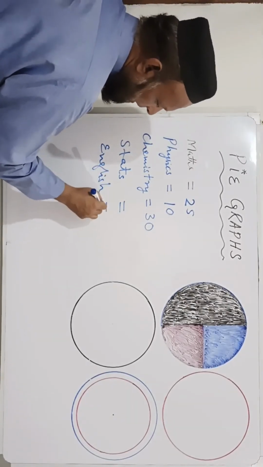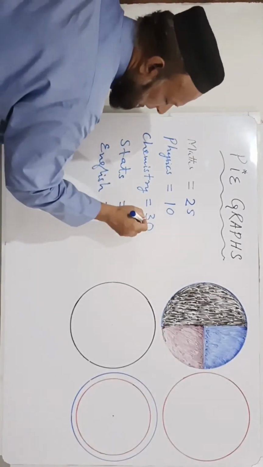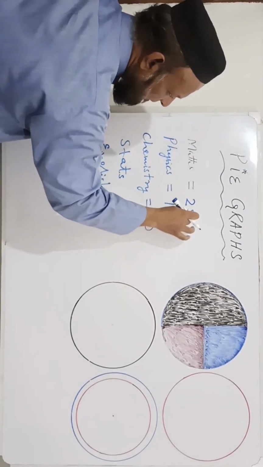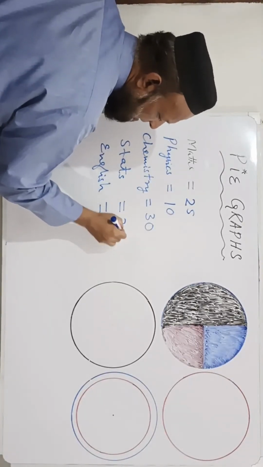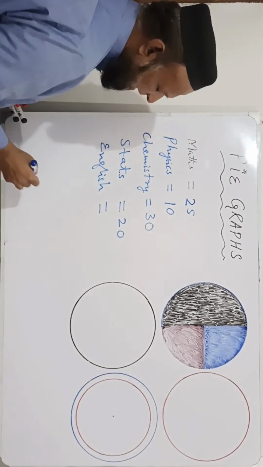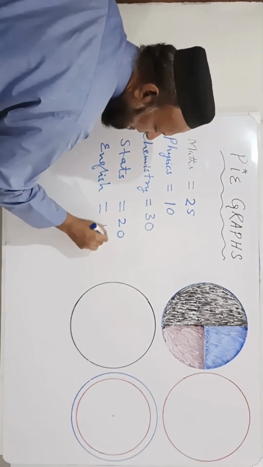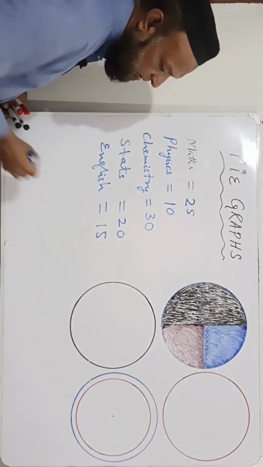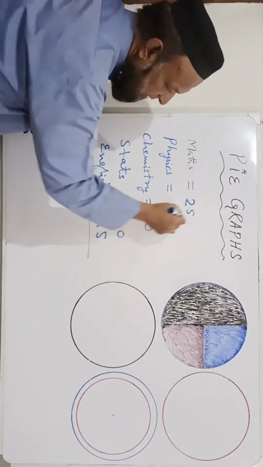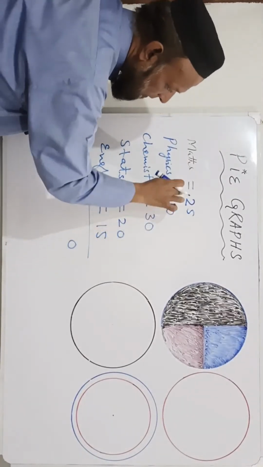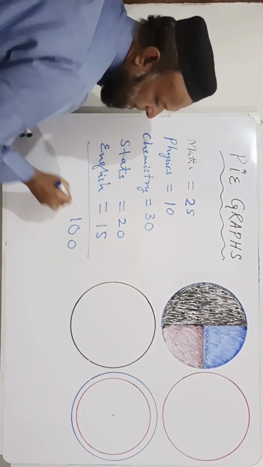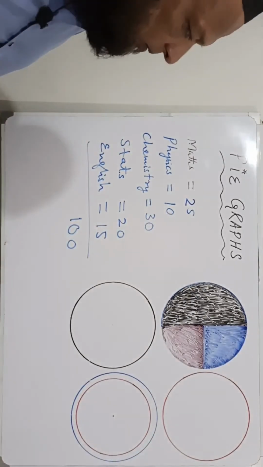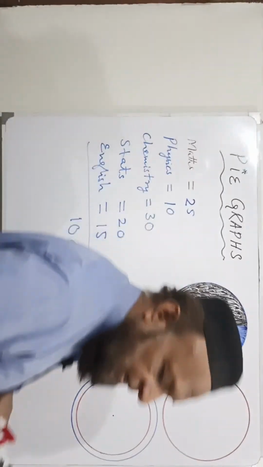Say 20% like stats and 15 of them like English. When you check it, the total is 100. Okay. So we have this data.